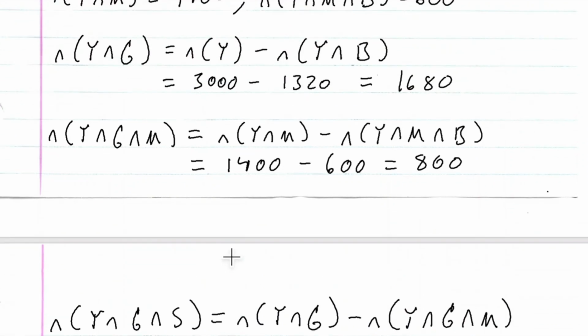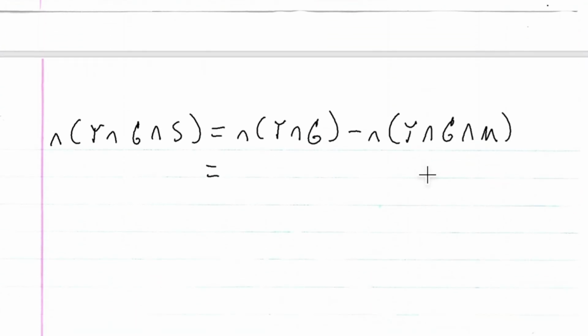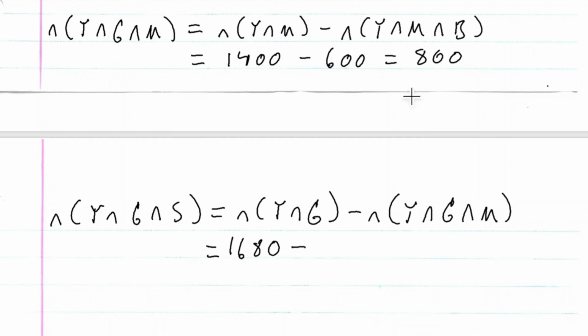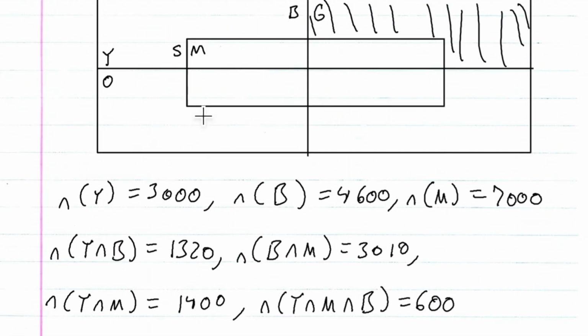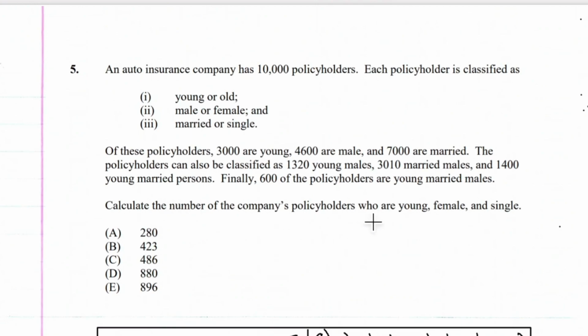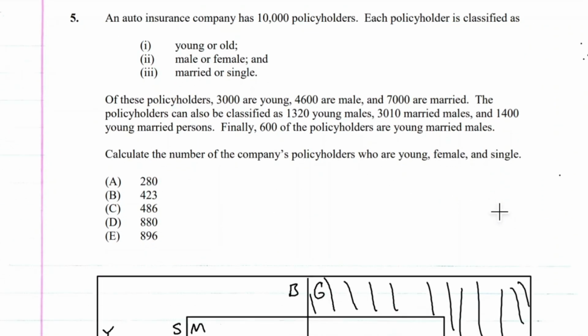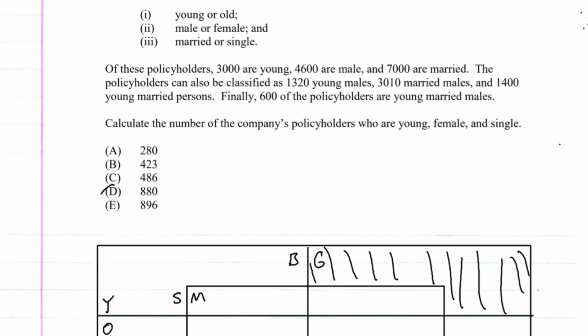And we found the number of young and girl is 1,680, and the number of young, girl, and married is 800. So that gives me 880. So we found the number of young, female, and single. It's D, 880.